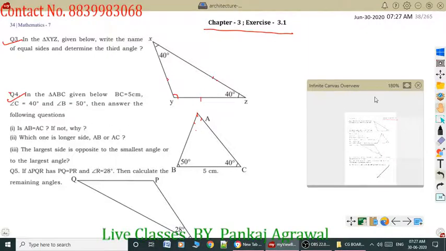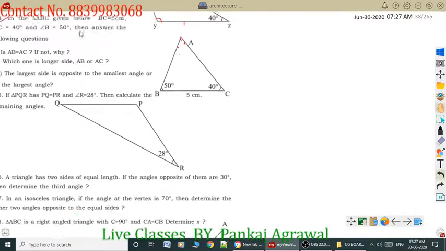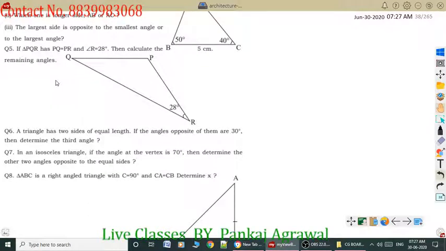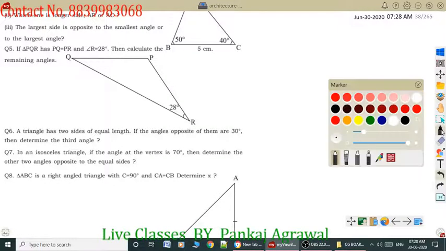Let's see question number 5. If triangle PQR has PQ equal to PR and angle R equal to 28 degrees, then calculate the remaining angle.